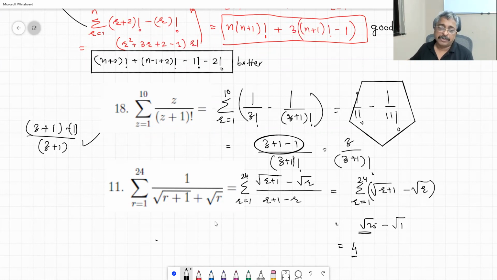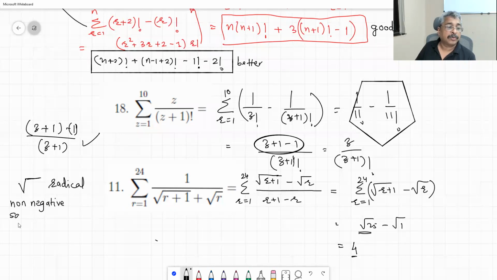Two reasons for that. First reason is, by definition, this symbol is called radical and it is the non-negative square root of a non-negative number.